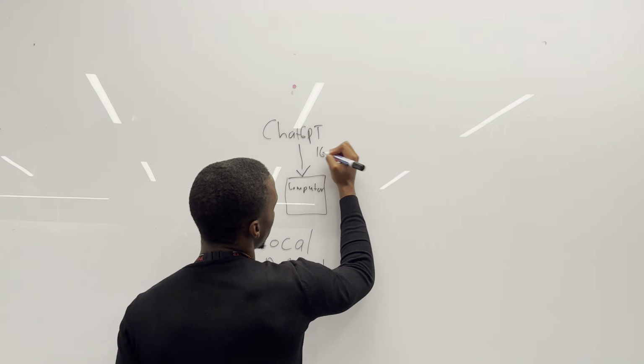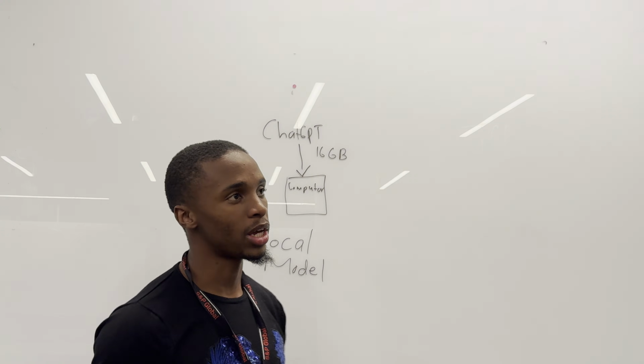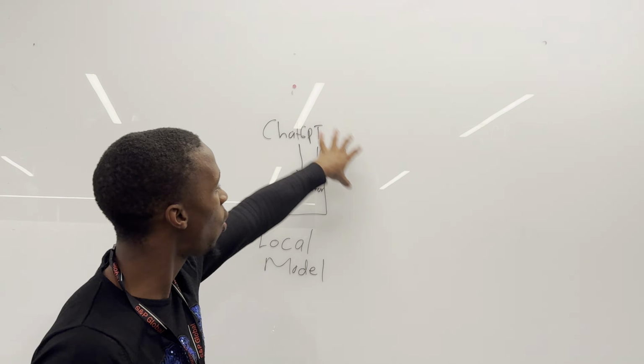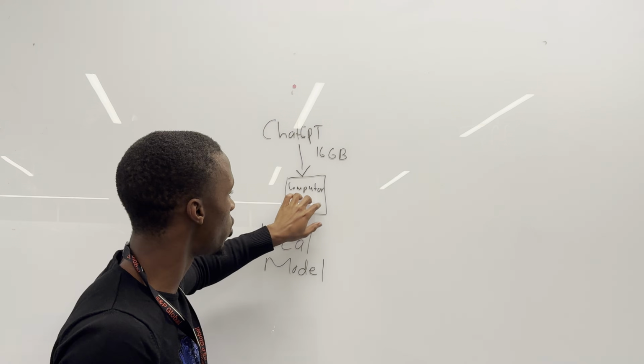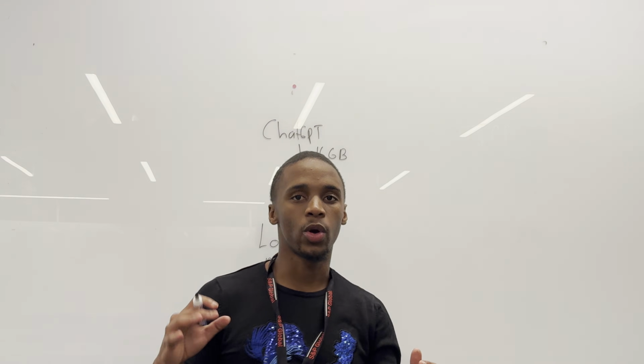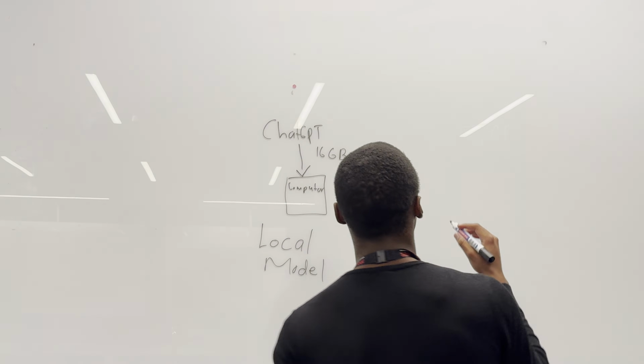Let's just say it requires 60 gigabytes to download this thing onto the computer. It holds that whole ChatGPT system in your computer so that when you are asking questions, you can ask it directly to the computer.